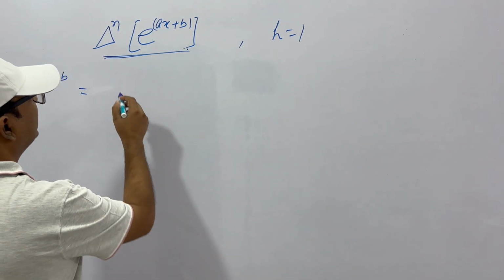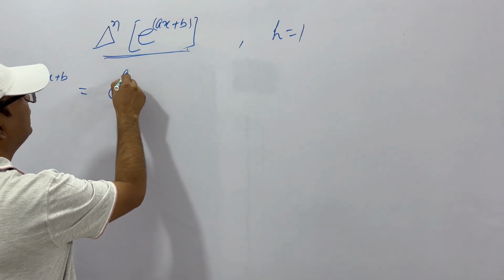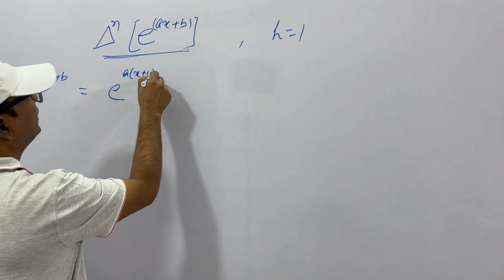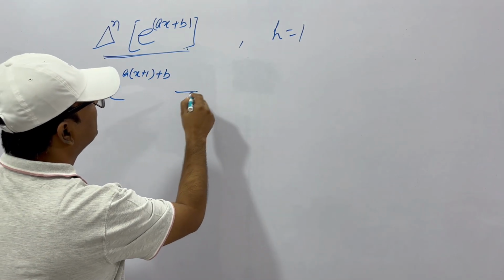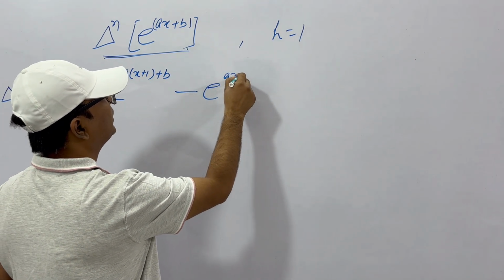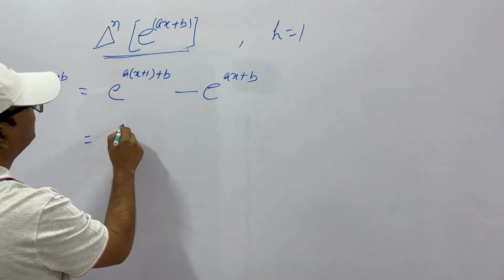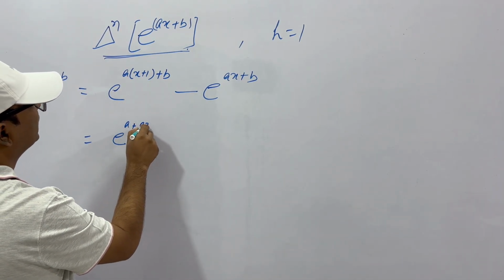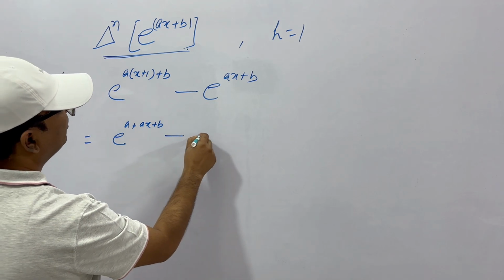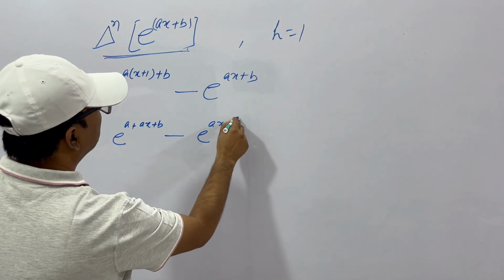So this is e to the power a(x plus 1) plus b minus e to the power ax plus b. This will be e to the power a plus ax plus b minus e to the power ax plus b.